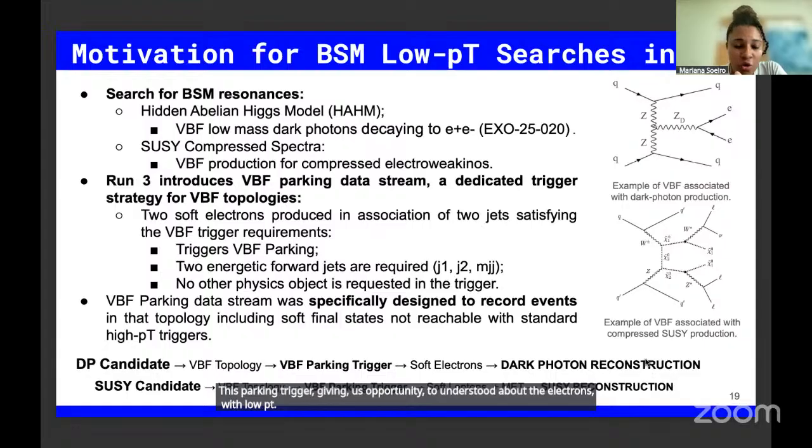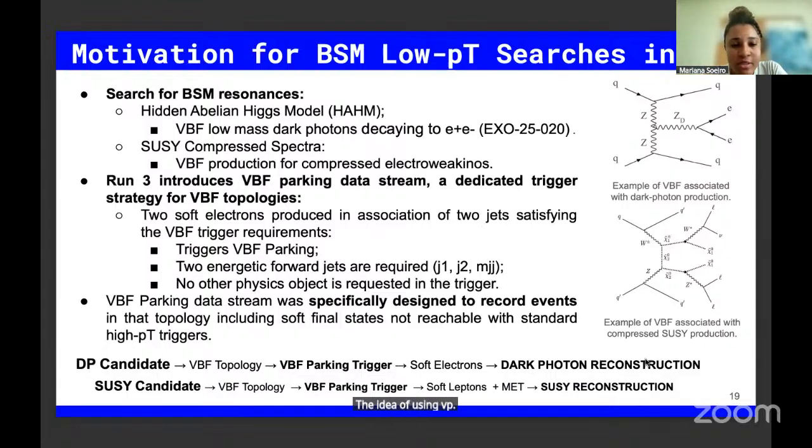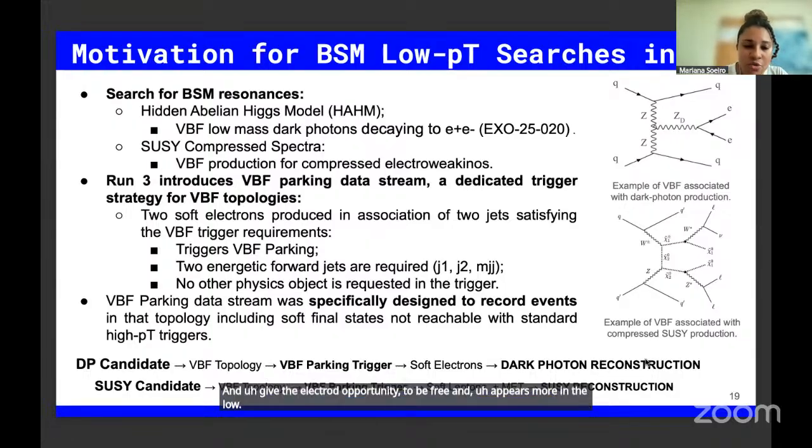The idea of using VBF as a requirement is that VBF works with both jets and gives the electron the opportunity to be free and appear more in the low PT region.